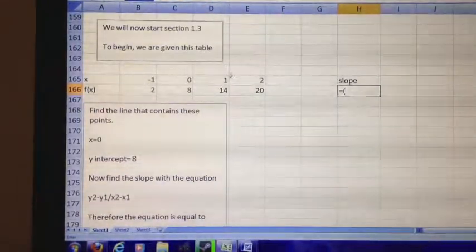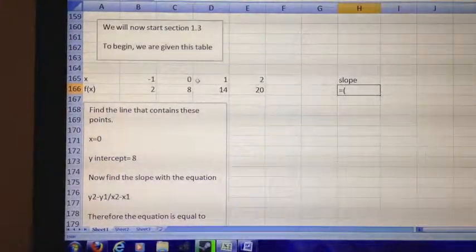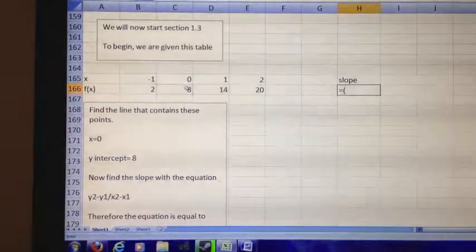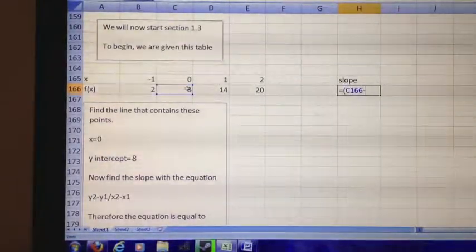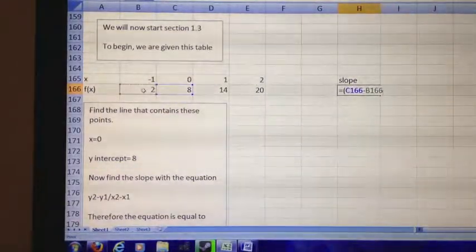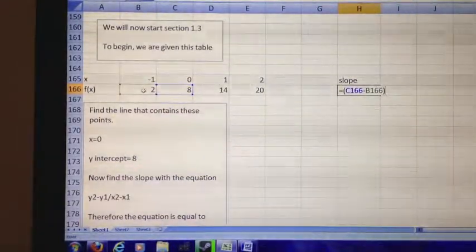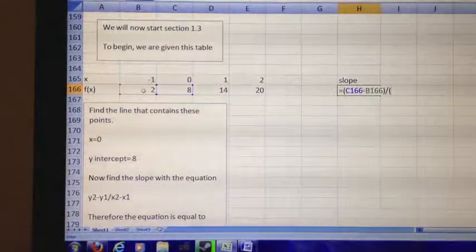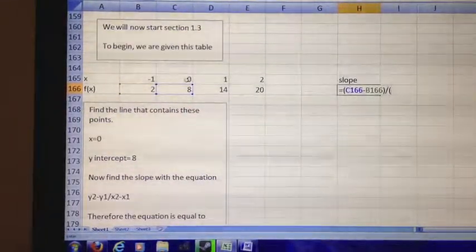Then we're going to pick any y value, so f of x value. I'm going to take the 8 and then do minus the 2, and then we have to close our parentheses and do divided by. Then we have to open new parentheses, and take the corresponding x values.